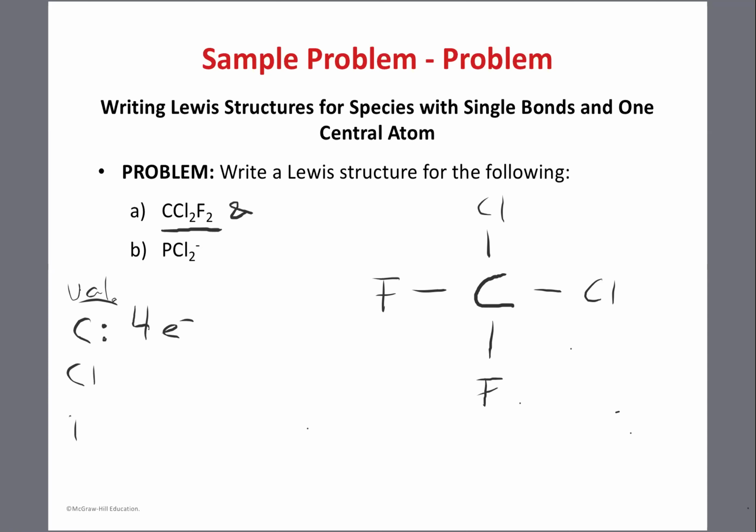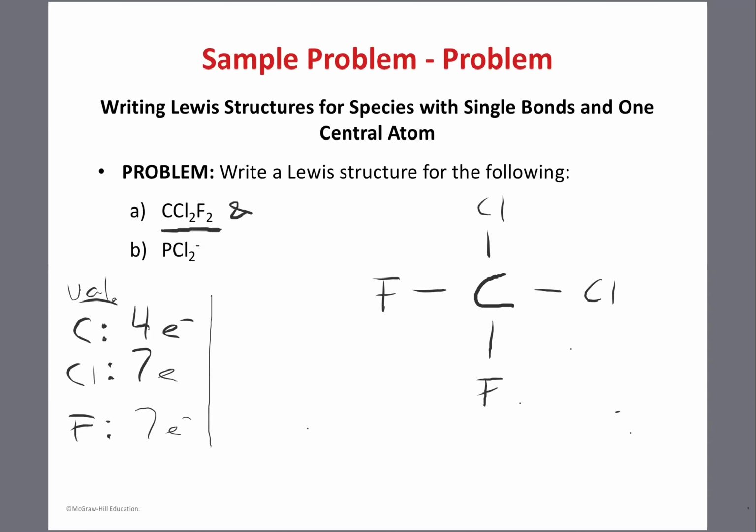Chlorine and fluorine are my other elements. Each atom of these elements has 7 valence electrons because they're in group 7A. They're halogens, and all the halogens have 7 valence electrons. So now I can add up the total electrons I've got to work with.